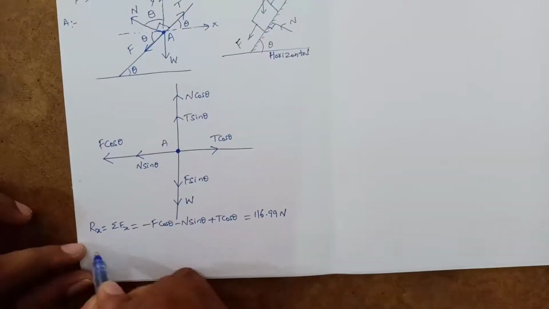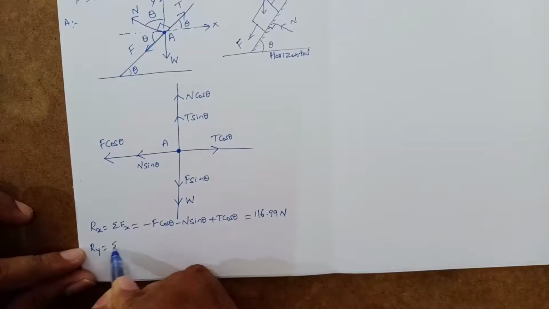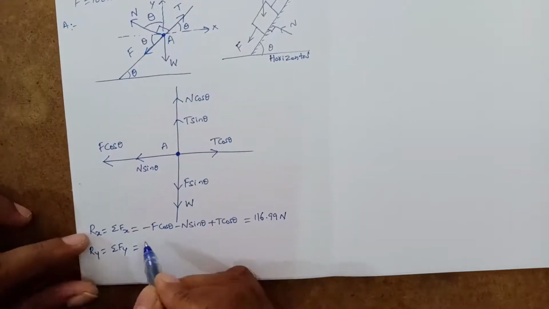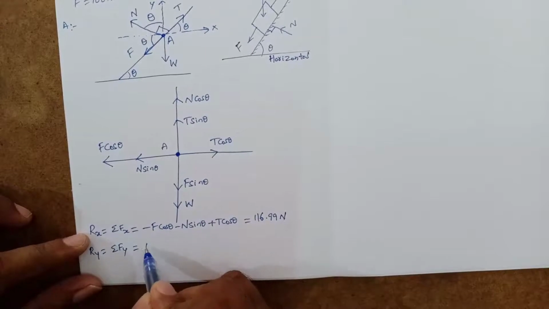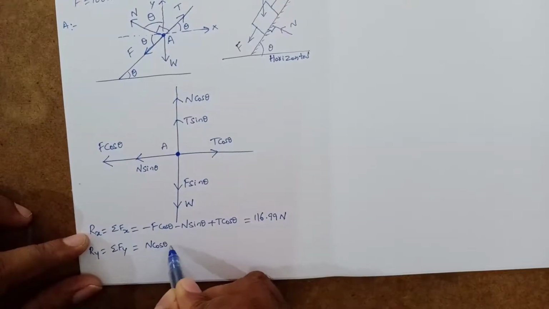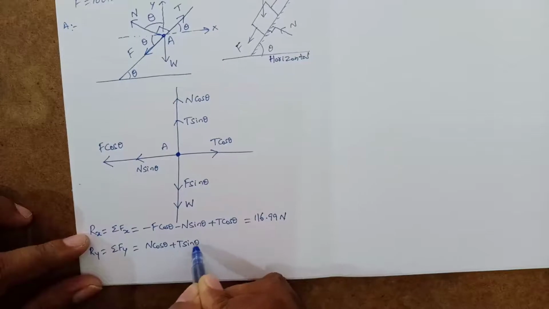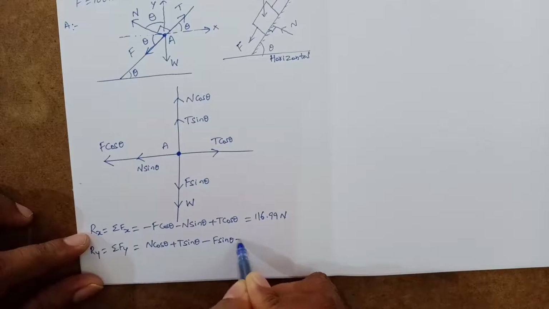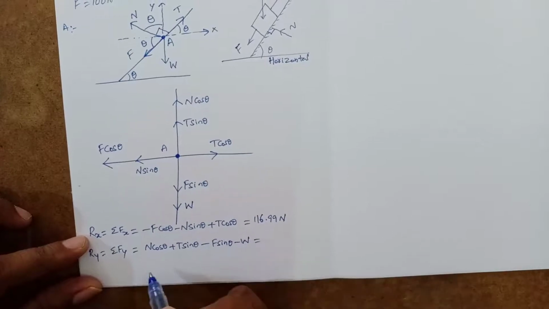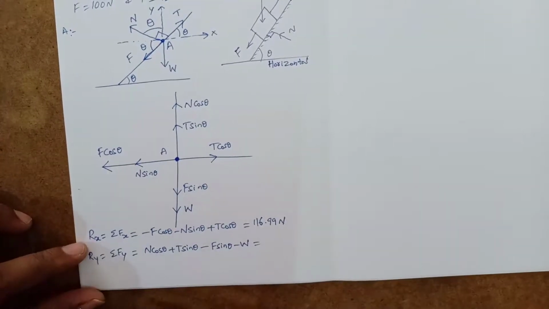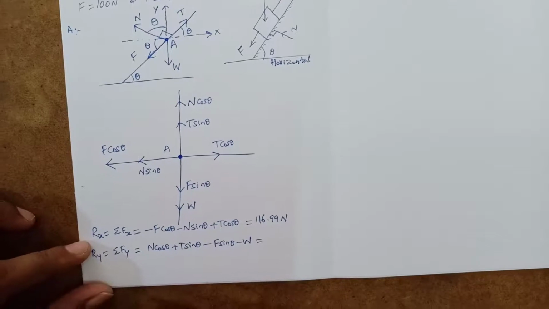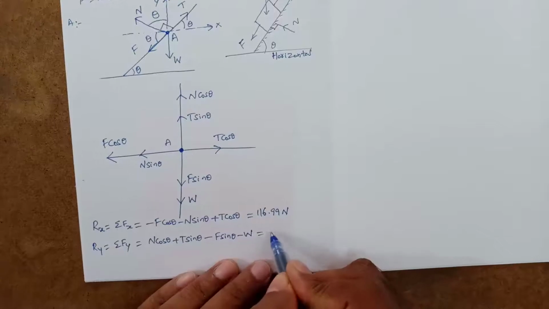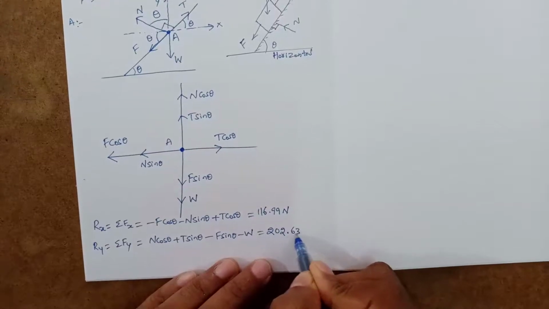Similarly, next considering Ry, it is equal to sigma Fy, which is plus N cos theta and plus T sin theta, and minus F sin theta because it acts downward, and also minus W. Substituting the given values for N, theta, T, F and W, we get 202.63 Newton.